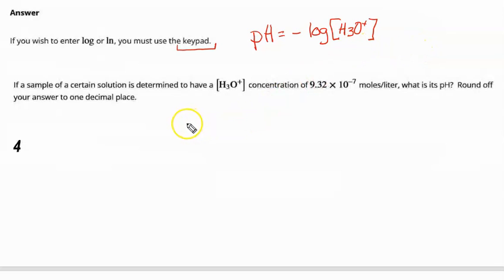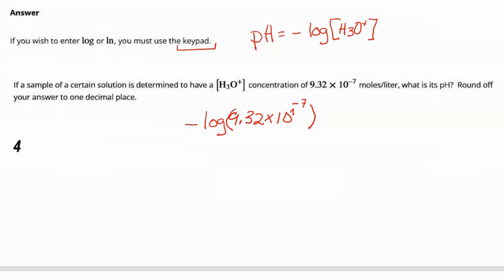Well, in your calculator, you're going to go negative log, and be sure to put that negative there, and then a parenthesis comes up, and you're going to put this in, 9.32 times, hit that times symbol, 10 caret, and then negative 7, and then close the parenthesis.